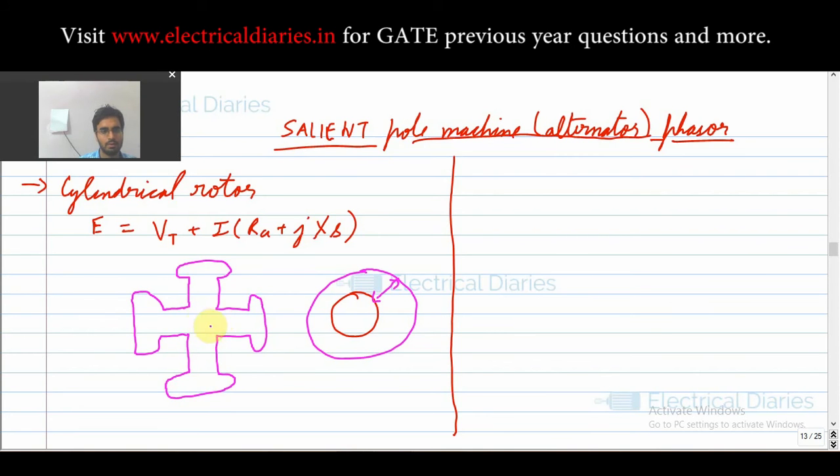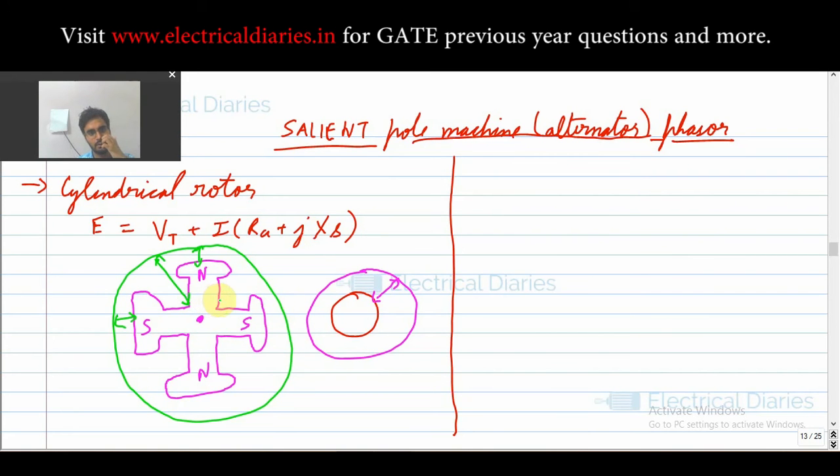So it moves in this way, at Ns or anything. And your stator is in this way. So see, here your air gap is not uniform. Okay, here it is large, here it is small. So to compensate for these things, you take your reactance into some components.